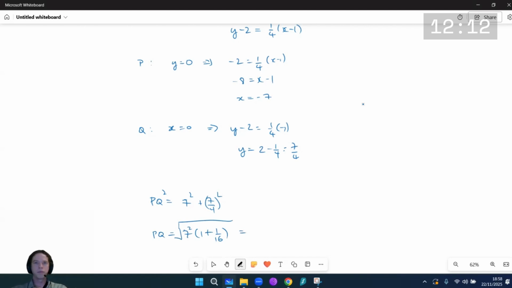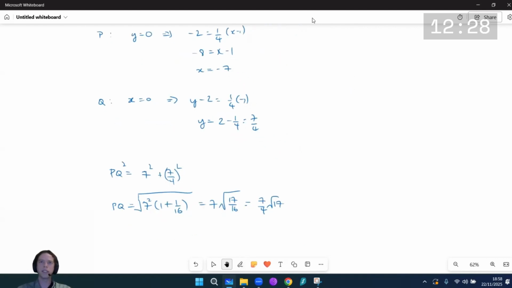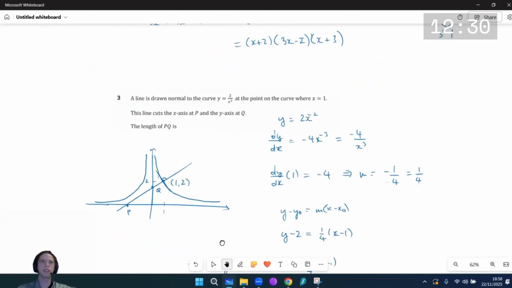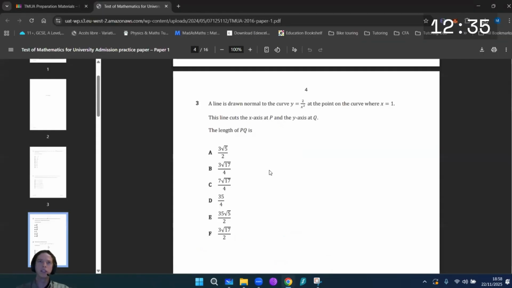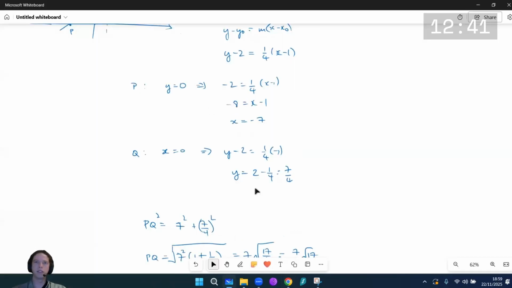So that's going to split up into 7 times the square root of 1 plus 1 over 16. That's 17 over 16, or 7 over 4 root 17, right? So that 16 will come out as a 4. 7 quarters times root 17. Oh, I didn't take in the answers. Well, that's answer C.